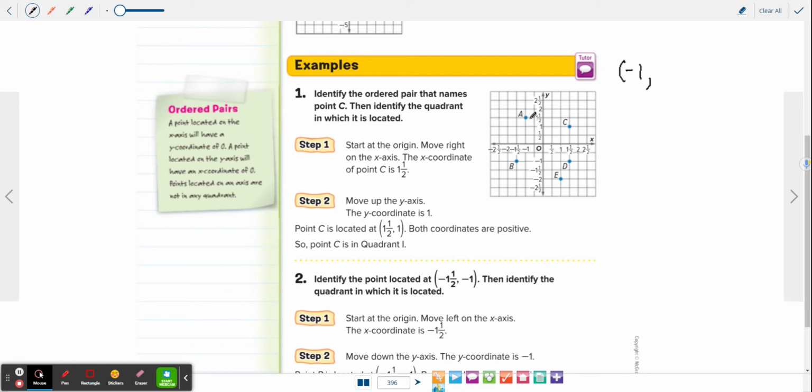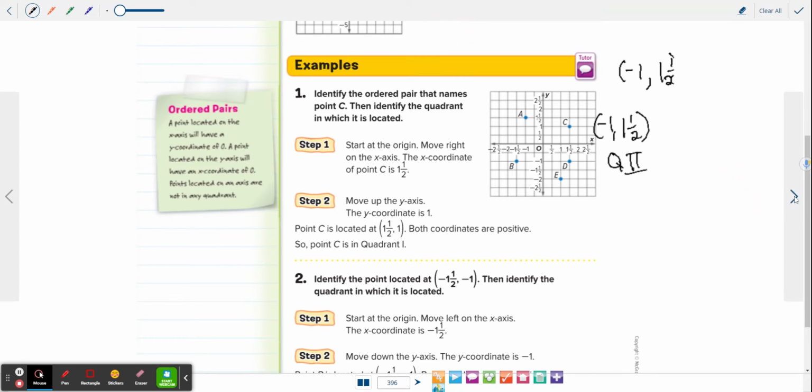And then we look how far it goes up. It is at +1.5. I went over too far, I can't write. -1, 1.5. And it is in quadrant 2.